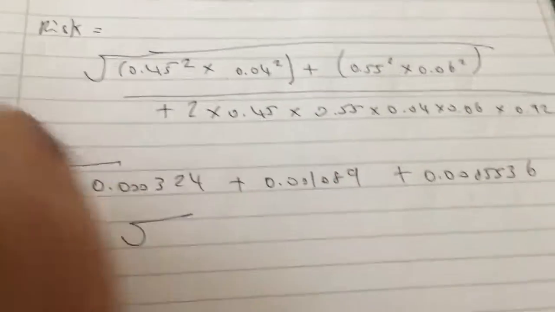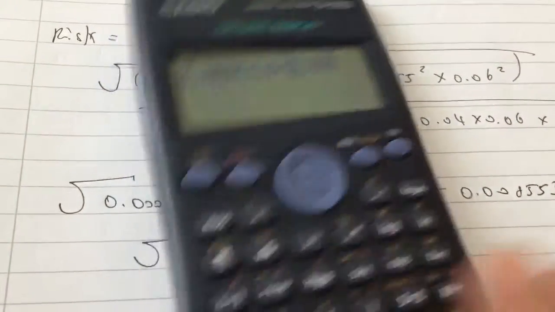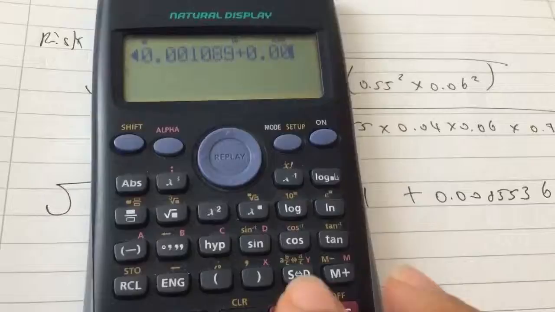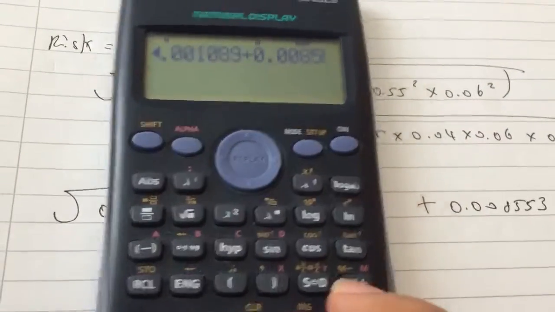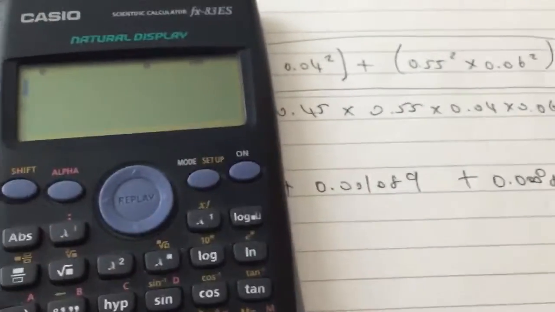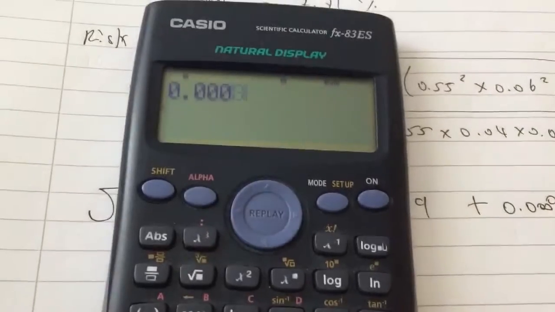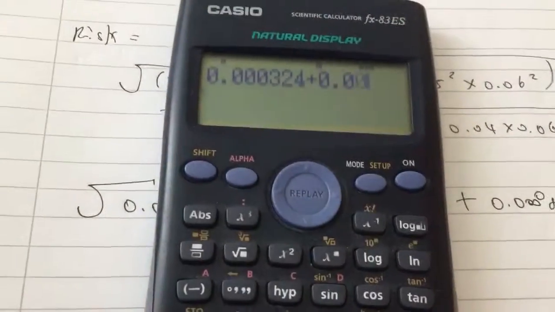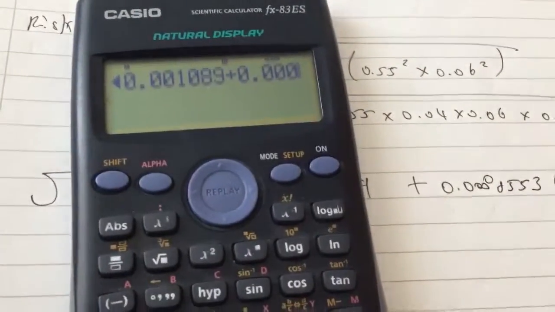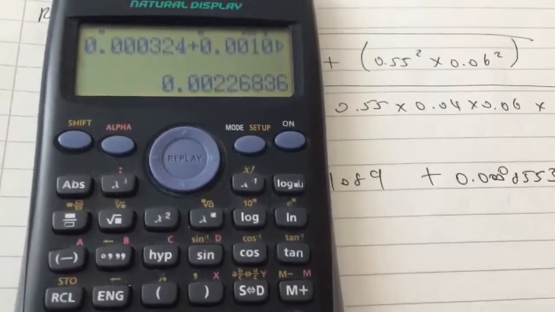So add all 3 of these: 0.000324 plus 0.001089 plus 0.00085536 equals 0.00226836.